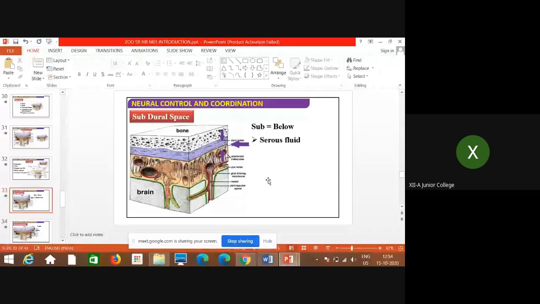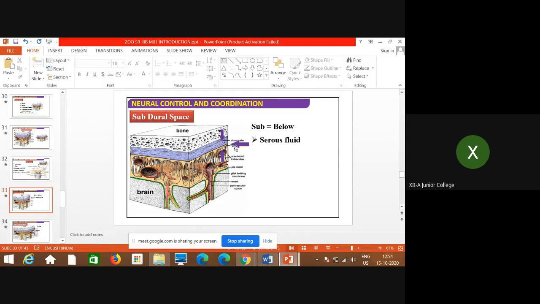Now, sub means below, and serous means fluid, which I was just mentioning about the CSF. Here, if you see, this is the outer layer, the dura mater. The fluid is present between the two membranes, dura mater and arachnoid matter. Whatever fluid is present here is called serous fluid.